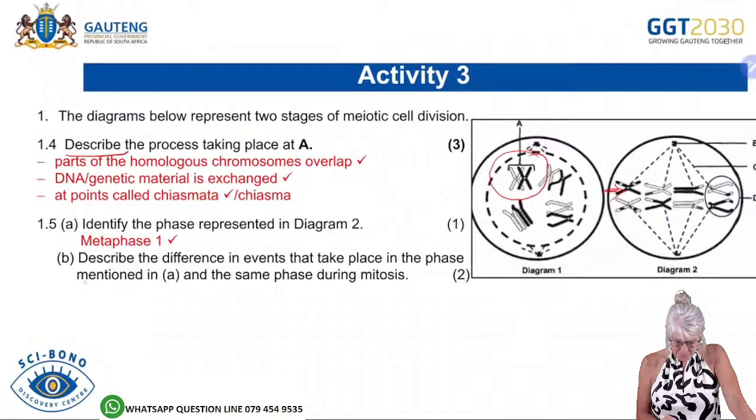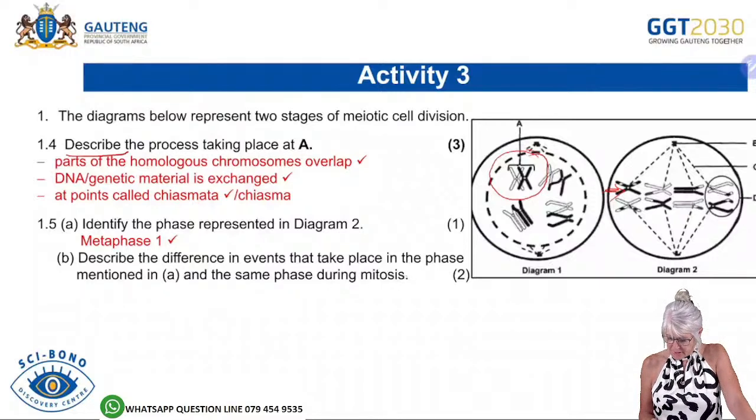So here they say, describe the difference in events that takes place in the phase mentioned in A. So the phase mentioned in A was metaphase 1, and the same phase during mitosis.